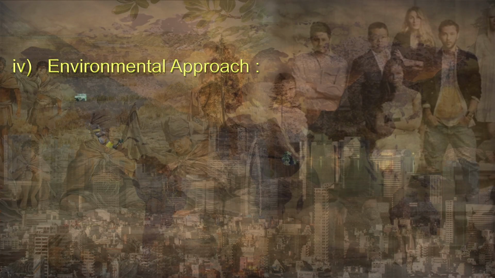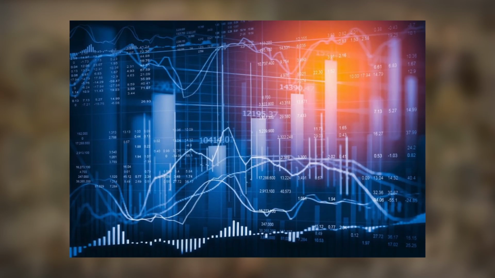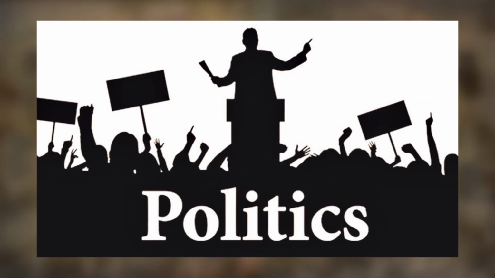So, coming to the next one, the environmental approach. The environmental approach has studied geography since the very commencement and has changed significantly. Views of this approach are very much comparable, that is, the environment controls all activities of human beings such as psychological, economic, social and political.